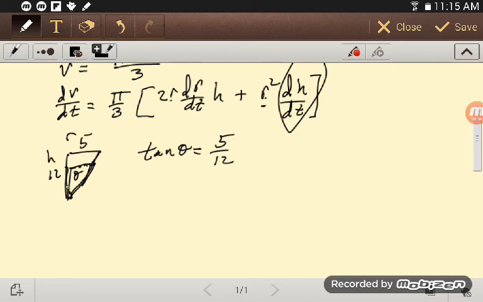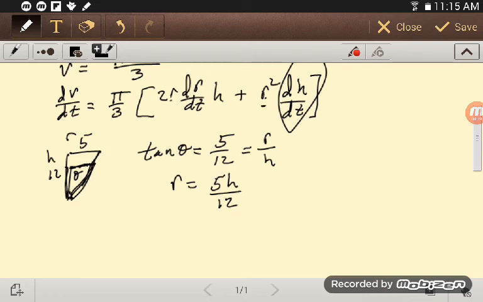For any one of these triangles, that cannot change. So for any radius-height combination of this tank, I get 5 over 12. And so r in terms of h, r is equal to 5h over 12.